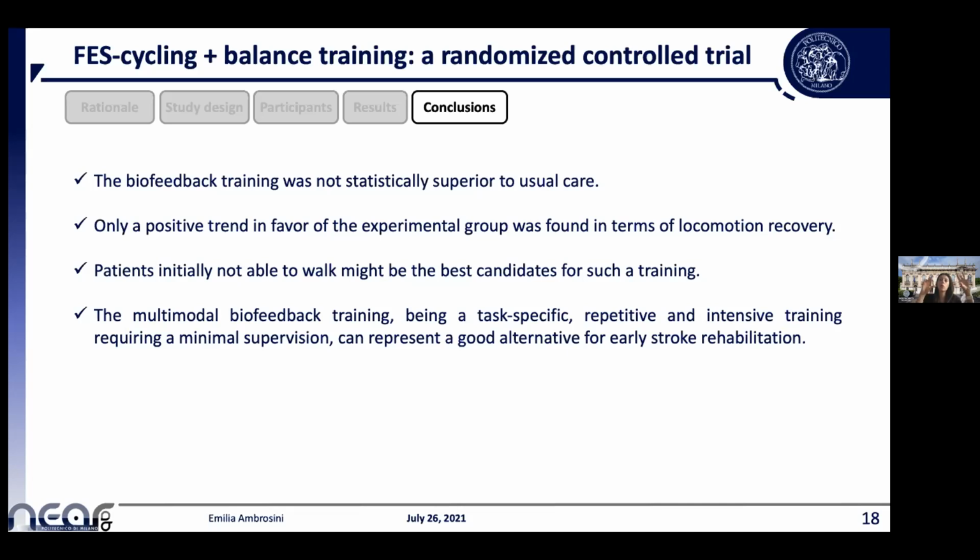With the force sensor that we have on the bike, we also performed, at the beginning and at the end of the cycling training, a specific pedaling test in which subjects were pedaling voluntarily with no FES, and we measured the work produced by the two sides. And if I remember well, we found a significant improvement in terms of work produced by the affected side for people involved in the experimental group. But this was the only measure of strength that we included.